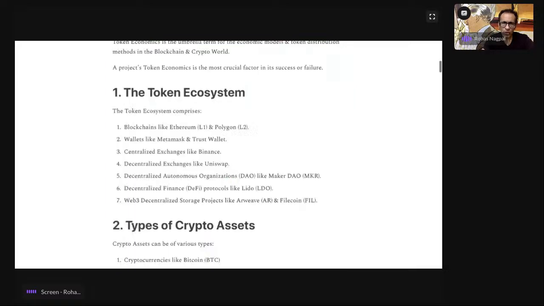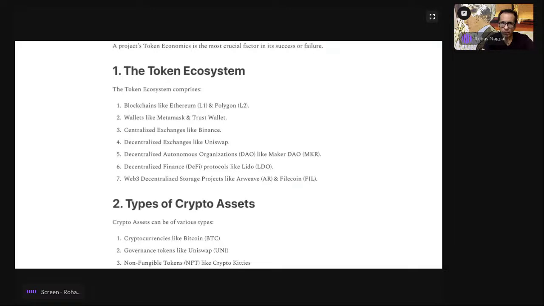Awesome. So when we look at the token ecosystem, what are the things? Firstly, there are blockchains. Now I've written here only L1 and L2, but there are three kinds of blockchains: L0, L1, and L2. L0 allows you to spin up L1s. L1 is a blockchain which does its finality on its own, and L2 connects to an L1 to do finality. That's the difference between the three.